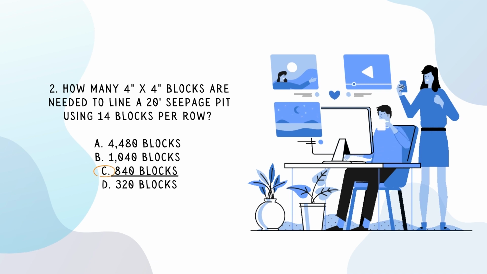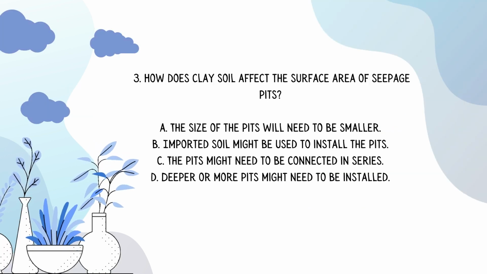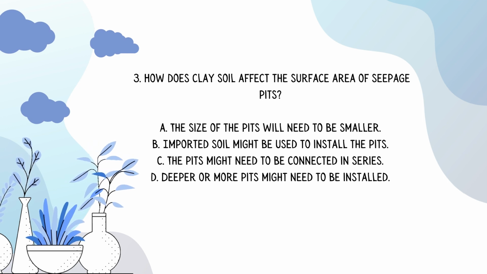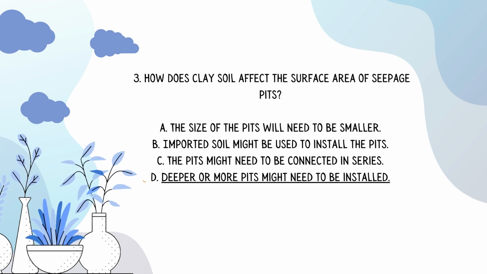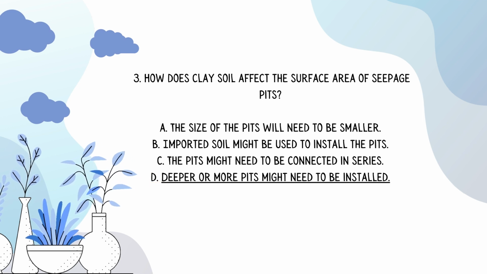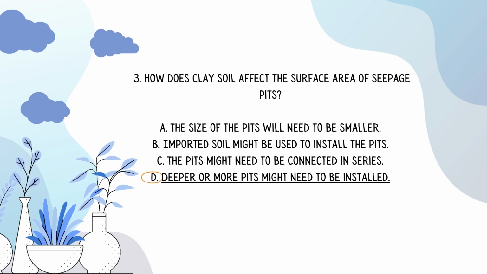C, 840 blocks. And number 3, how does clay soil affect the surface area of seepage pits? If you guess D, deeper or more pits might need to be installed.